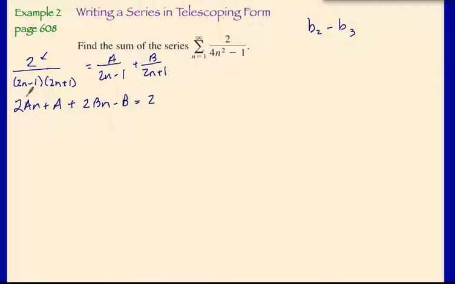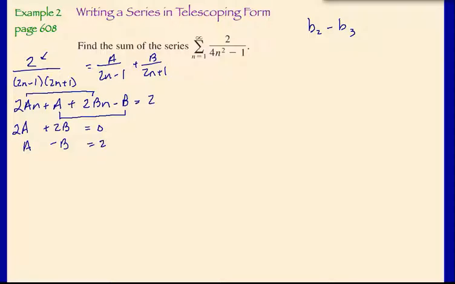So we have these two equations we can put together. 2An plus 2Bn, and since there's no n term on the right side of that equation, that's going to equal 0. Or actually, I should have just written that as 2A plus 2B, not with the n's, equals 0. And then the other equation that we have is A minus B is equal to 2.